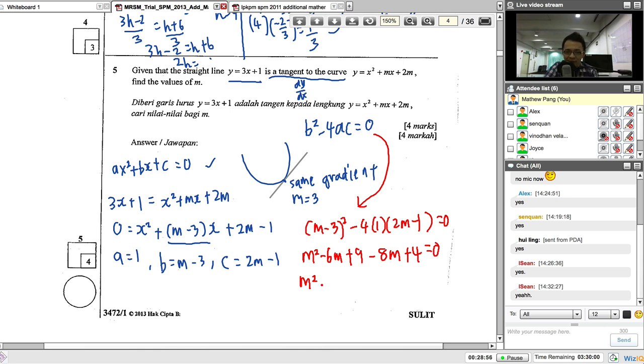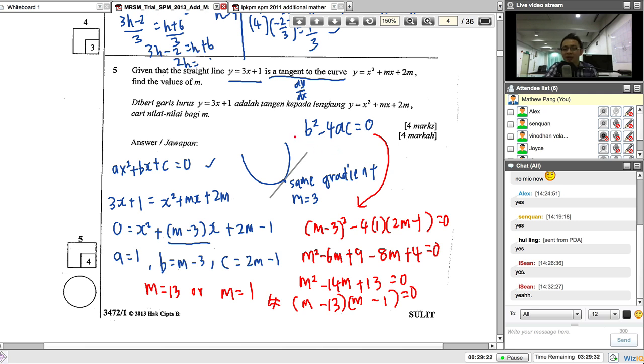No, I hope not. Minus 14m plus 13. Then it's easy, because I see 14m is a bit big, but 13 means it's easy. So this is m, this is m, this will be 13, this will be 1, so minus, minus. Therefore, we know m equals 13 or m equals 1.